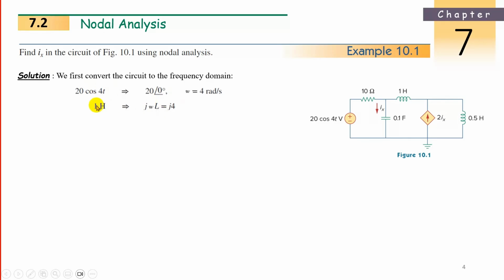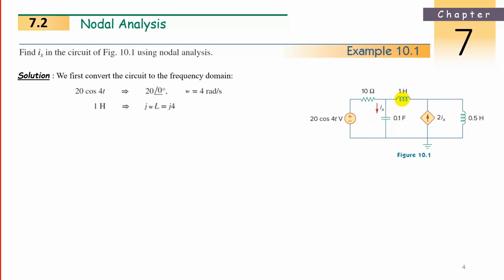4 multiplied by L. L how much? 1 Henry. So j4 is your reactance. We call it reactance, right? We get two parts in the impedance: one is resistance and one is reactance, R plus jX. X is reactance. That reactance jX may be capacitive, may be inductive, depends.